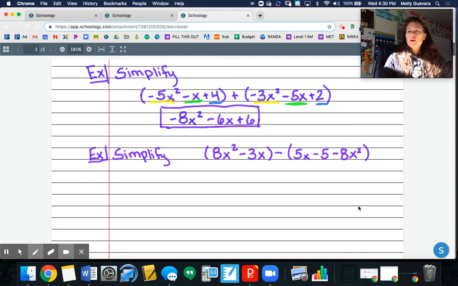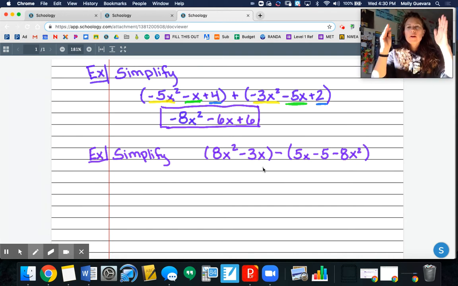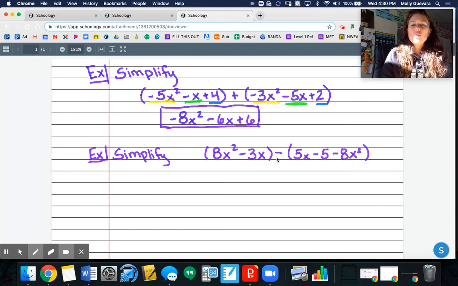Okay, so same idea. The only thing, and this is so important: if you are subtracting these two parentheses, you have to distribute the negative to every single term that follows it. Okay, I have to distribute the negative. And I'm even going to write it because it's so important.